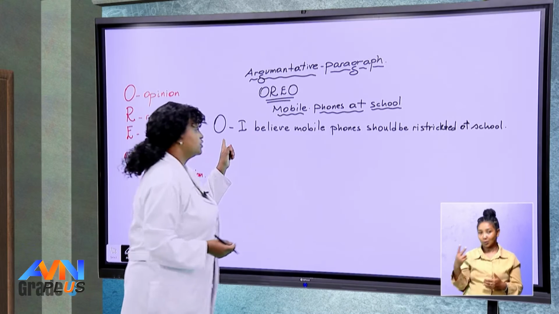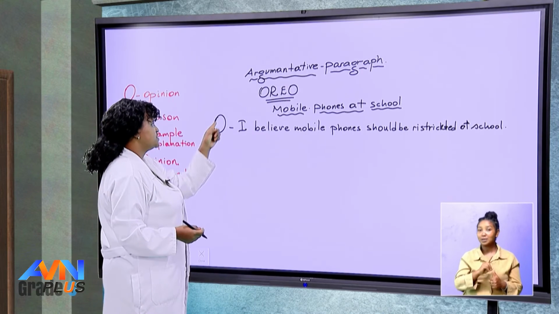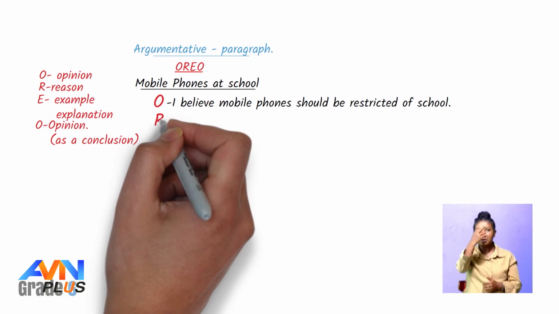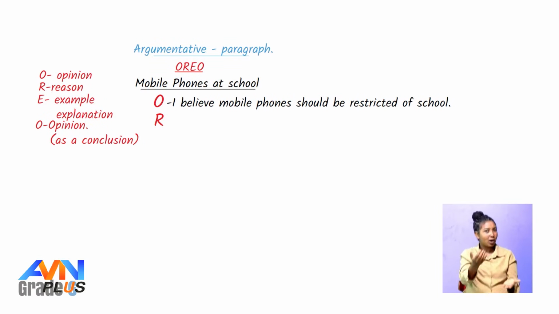Here we go. We have come with the first Oreo. Then let us give a reason. Why? Why do I believe that they should be restricted?